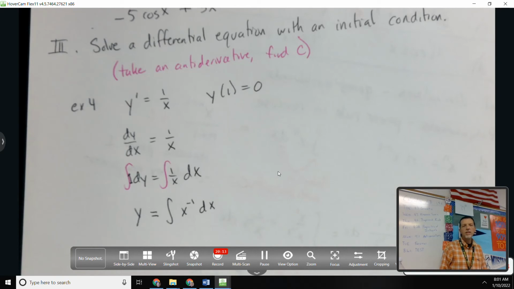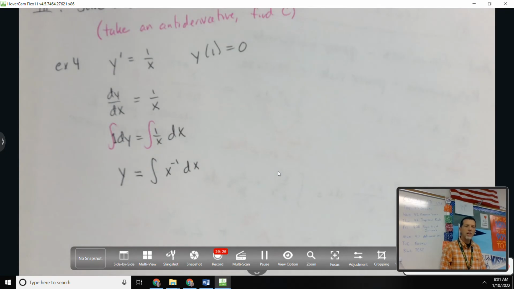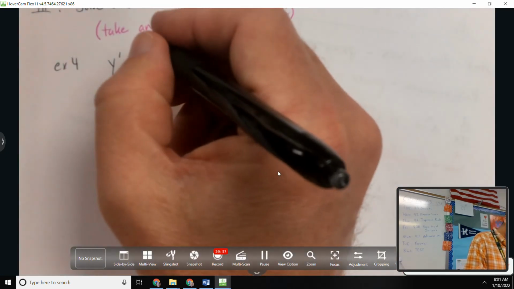So I need the antiderivative of x to the negative 1. The antiderivative of x to the negative 1. Natalie? Wait a minute, I started this problem wrong. No wonder this isn't working right. This should be y prime equals 1 over x squared.